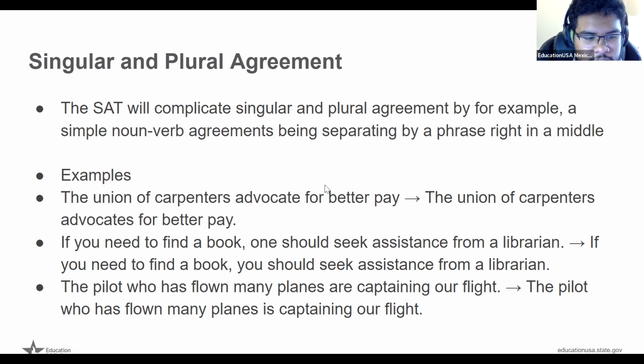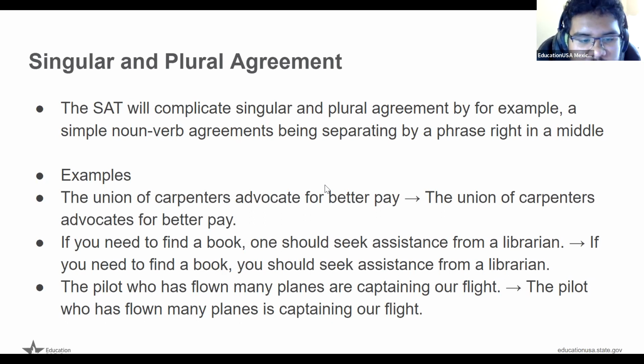The next one also fits better into the singular and plural agreement thing we're trying to talk about. The sentence is, the pilot who has flown many planes are captaining our flight. Here, I think it might be a little more clear why it's wrong, right? Because in the first example, the Union of Carpenters, it's shorter and sweeter, so it seems more likely that it would be plural.